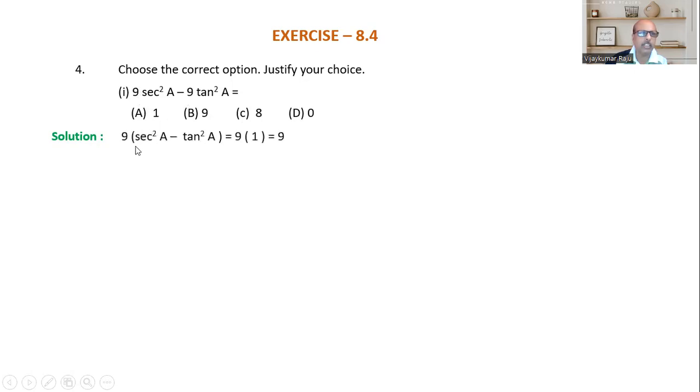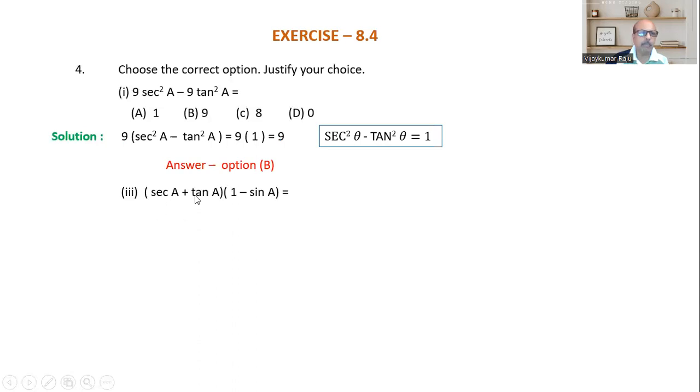So take out common 9. Sec square minus tan square, 9 is outside the bracket. So sec square minus tan square is 1. So 9 into 1 is 9. So your answer is option B, because sec square minus tan square is 1.